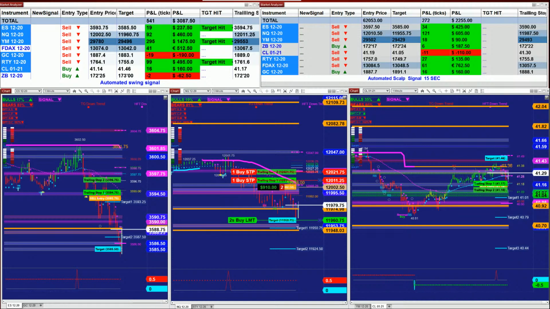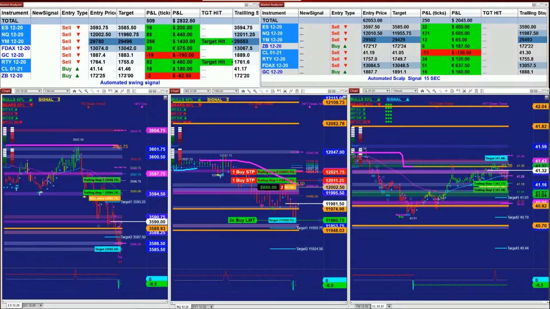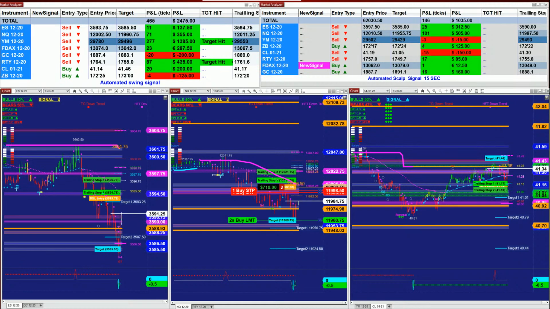Sometimes it's very smart, when you see the system missed by one tick, to break even and secure yourself, or you can go ahead and override the auto trade if you want to, and take your trailing stop further down and then secure your profit.